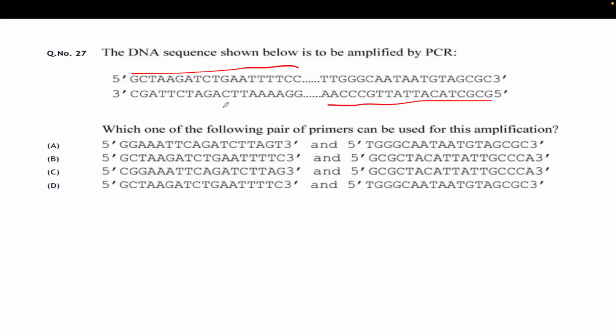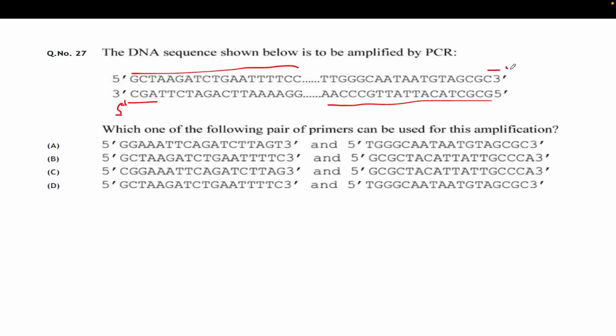So to make it complementary, you should always target this 3' end, so that when the primer binds to this template, it will start from the 5' end here and here.